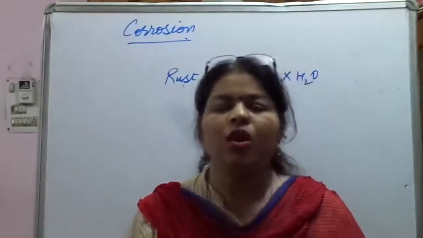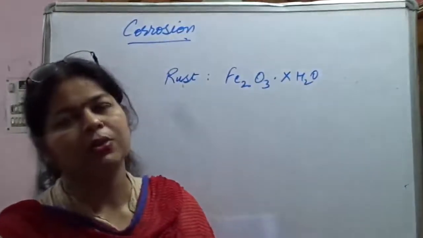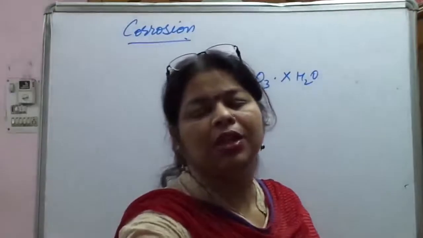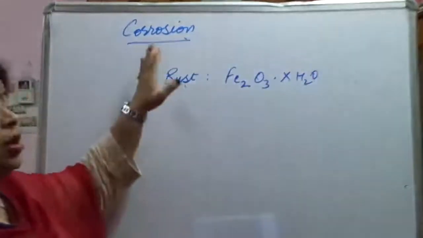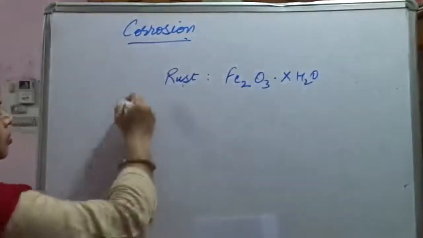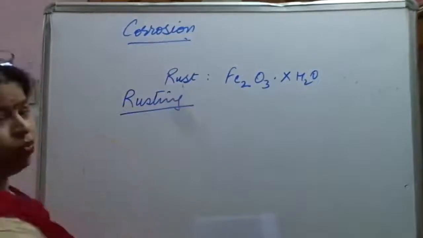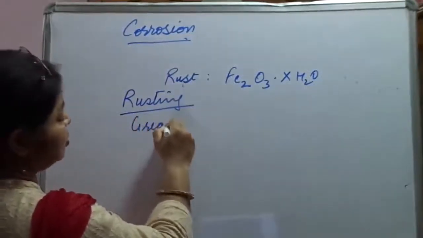Okay. So how to make it safe from corrosion or rusting? What are the various ways of protecting iron from rusting? To avoid it, what can we do? We can put grease around it.